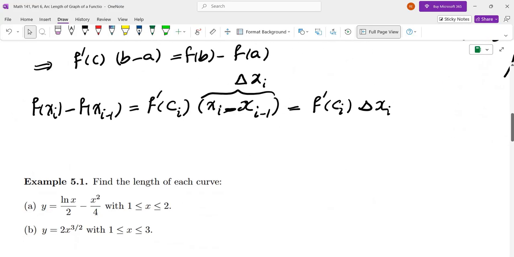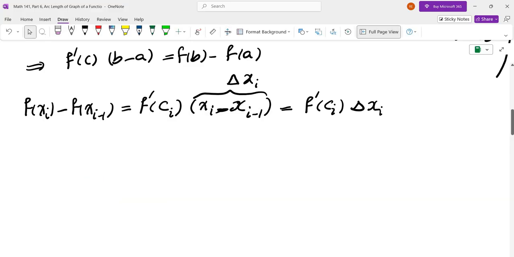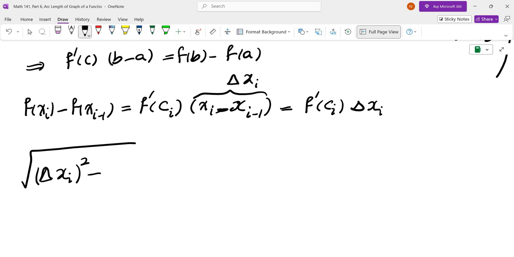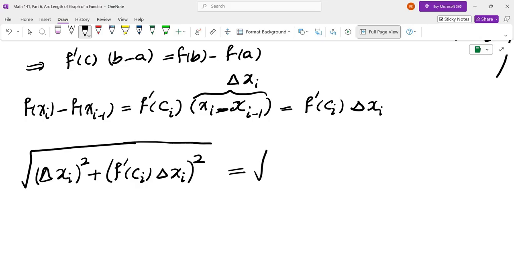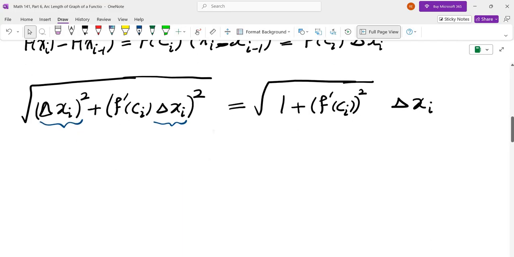If we plug that into the distance formula, we get the square root of delta xi squared plus f prime of ci delta xi squared. Now we can factor delta xi squared and get 1 plus f prime of ci all squared. Because of the square root, we get delta xi outside. So this is the length of the ith segment.